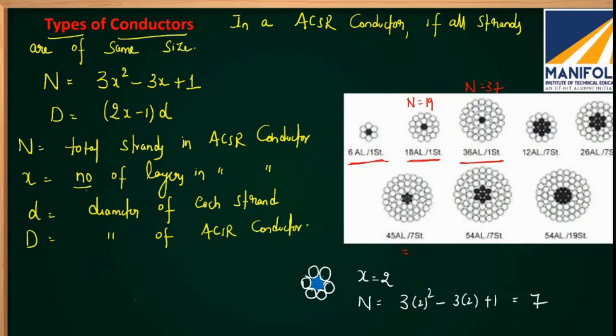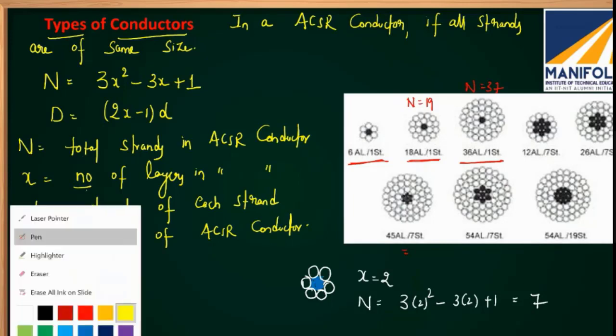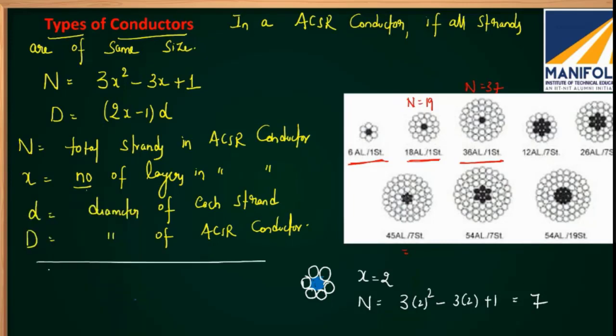So like this, if the strands are identical in nature, then you can easily calculate the total number of strands. So for 2 layers, 7: first layer 1, then 6. For 3 layers, you're going to get 19: 1, 6, 12.